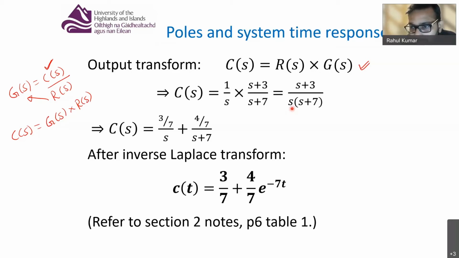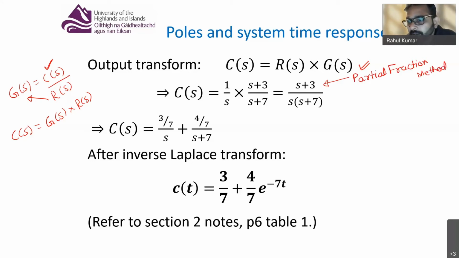Now I have skipped a step here: I have applied the partial fraction method.